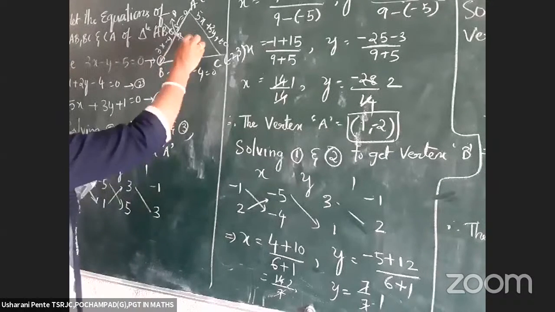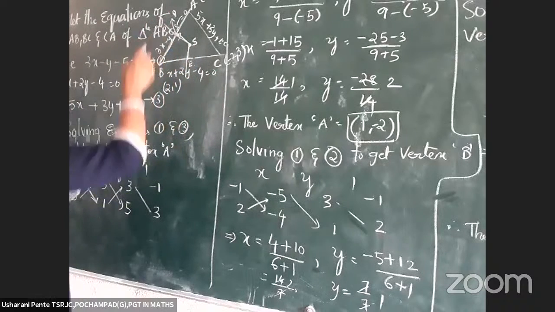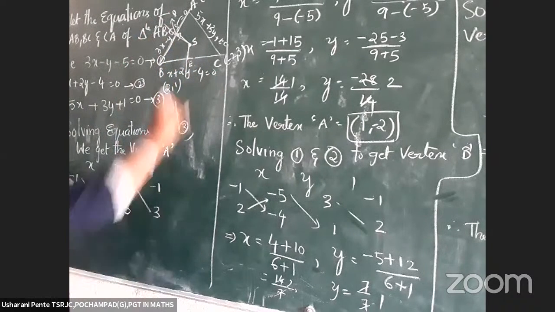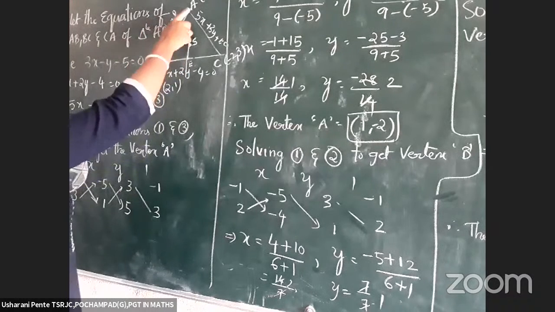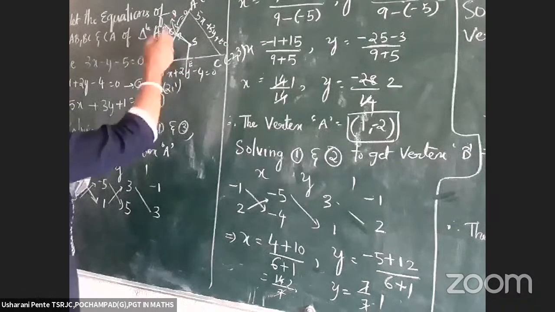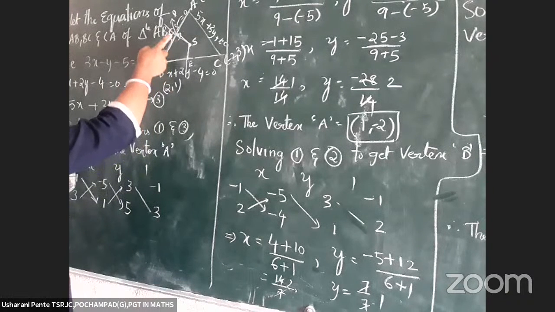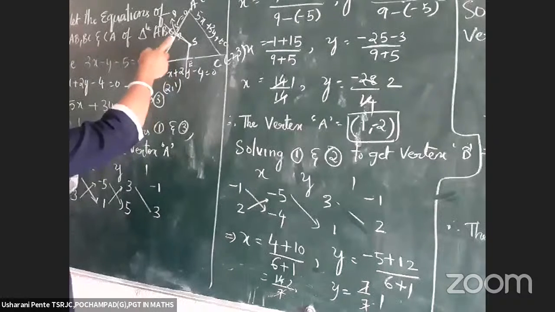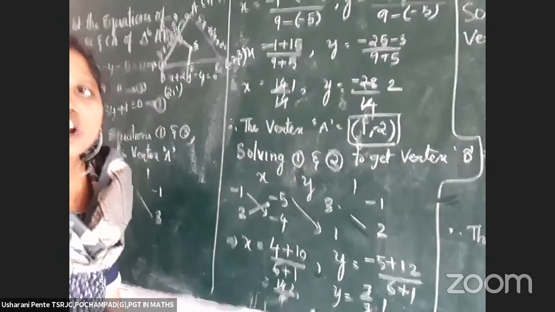SE is perpendicular to BC and SD is perpendicular to AB. So we have a point D. If we have a line also, from this we can find the slope, and we can find the equation of a line perpendicular to this line by using the point slope form.